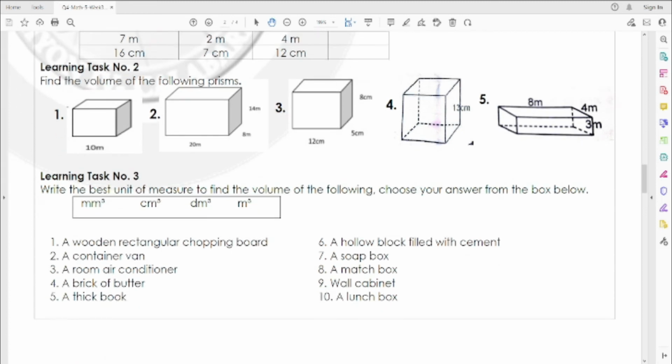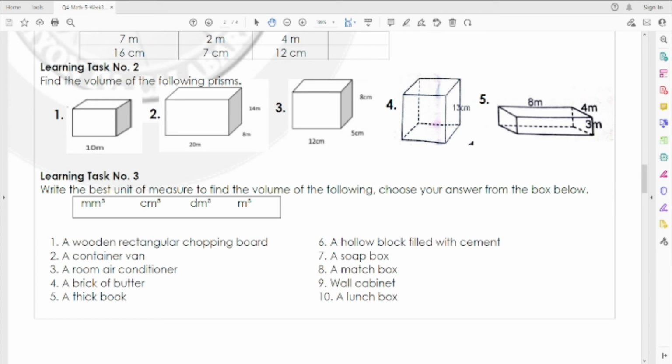And for learning task number 3, write the best unit of measure to find the volume of the following. You may choose your answer from the box below: cubic millimeter, cubic centimeter, cubic decimeter, and cubic meter. We have 10 numbers.